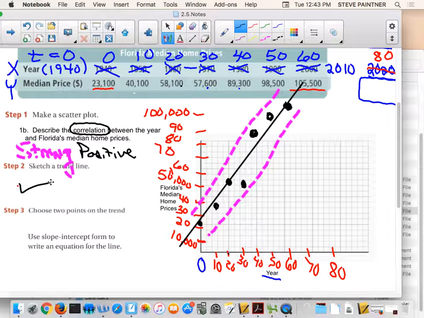Now, here comes one of the most important parts of this whole problem. Choose 2 points. What does this word say right here? On the line. You cannot just pick any 2 points you want to pick. Like you shouldn't pick this point and you shouldn't pick this point. Why not this? Why not that?